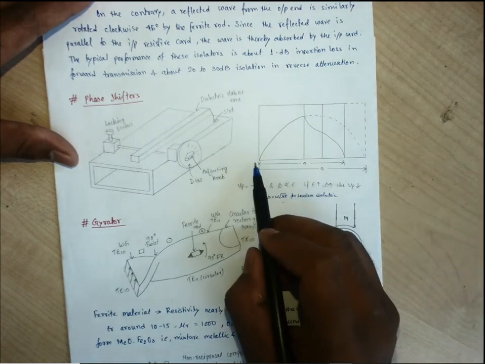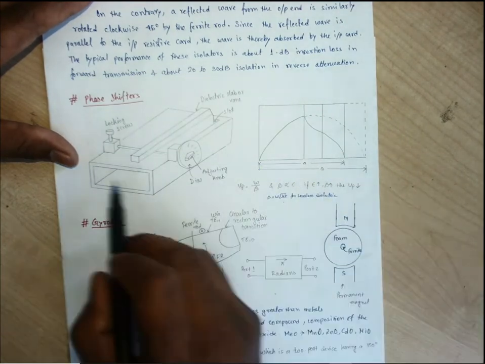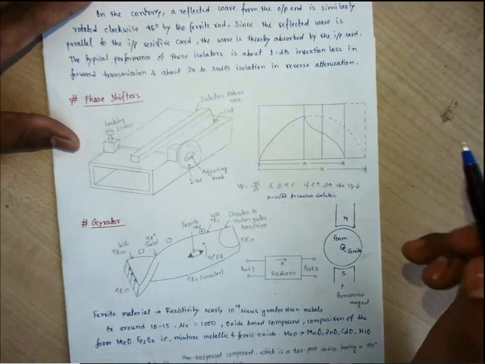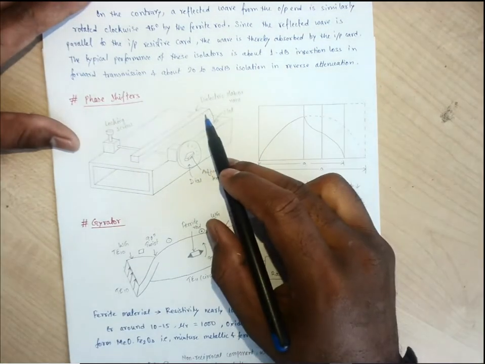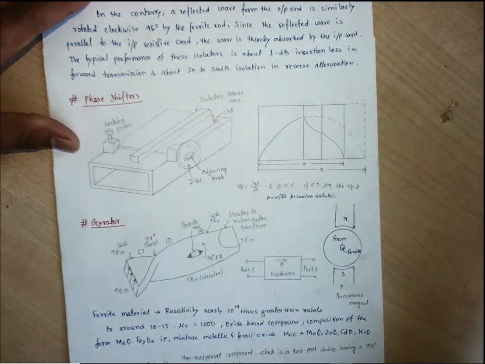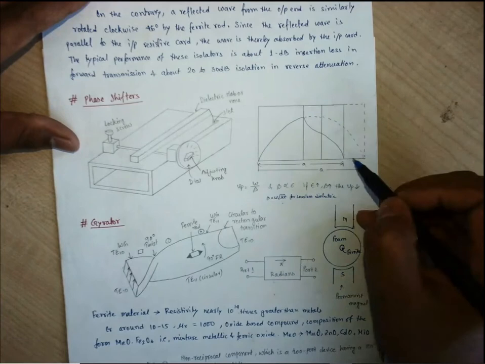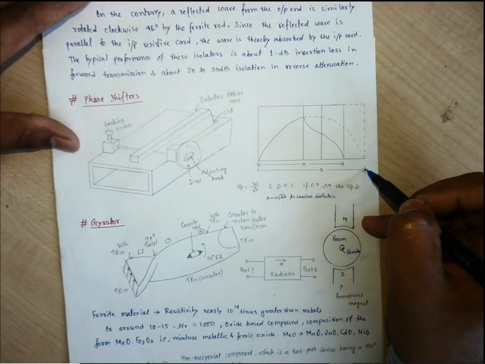So this is the dimension of the waveguide. This cross sectional dimension is A by B. Now with this dielectric slab entering the waveguide, the phase change occurs. Previously this was the extent of the wave in the waveguide.